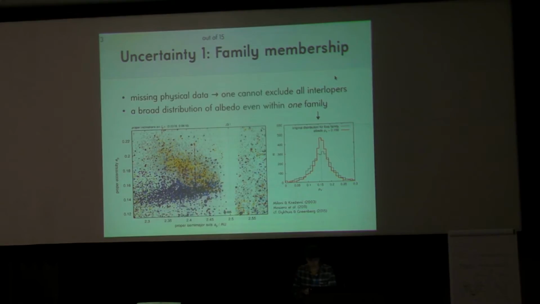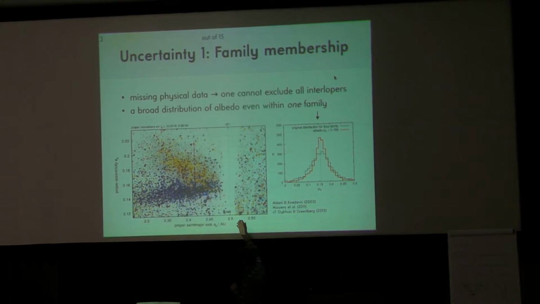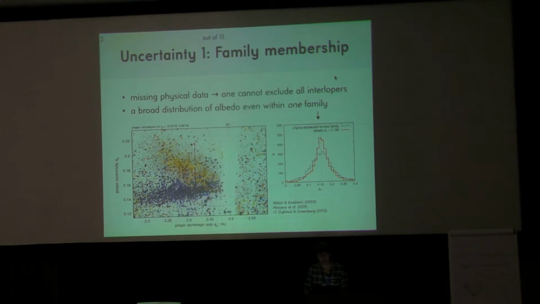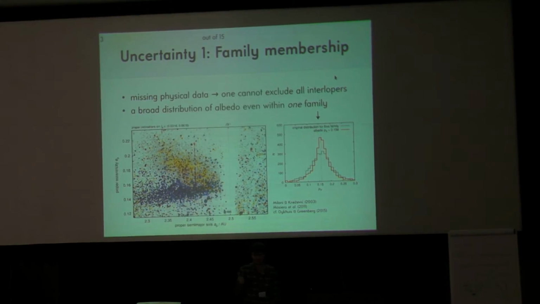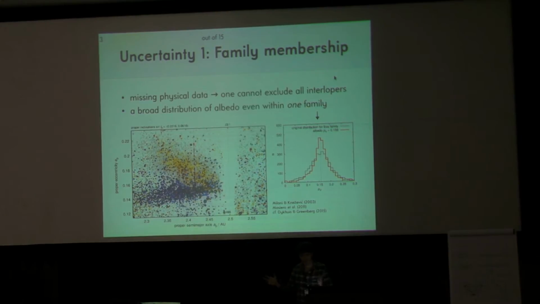So that's the famous case, semimajor axis versus eccentricity, showing the region of the Nysa-Polana, where you can clearly see two overlapping families, and if you look at the paper of Milani and Greenberg, you can find five. It's completely hidden. And what is even worse, most of the objects are gray. It means they have no physical data on them, other than orbital data. So it's in principle impossible to distinguish interlopers. You have to treat them in a statistical way.